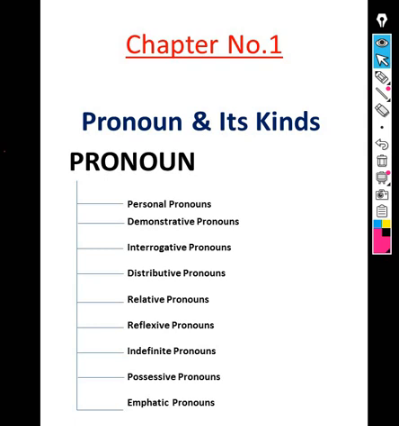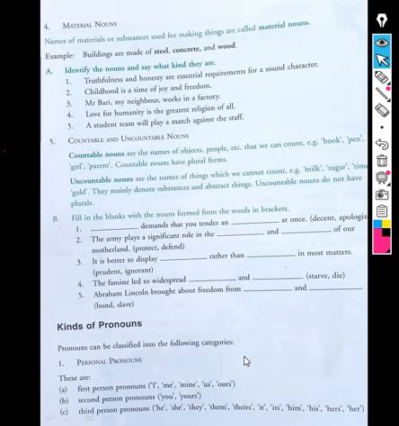Pronoun has 9 kinds, as you can see in this outline: personal pronouns, demonstrative pronouns, interrogative pronouns, distributive pronouns, relative pronouns, reflexive pronouns, indefinite pronouns, possessive pronouns, and emphatic pronouns. Now we will read in detail the kinds of these pronouns, their definitions and examples, and some exercises.